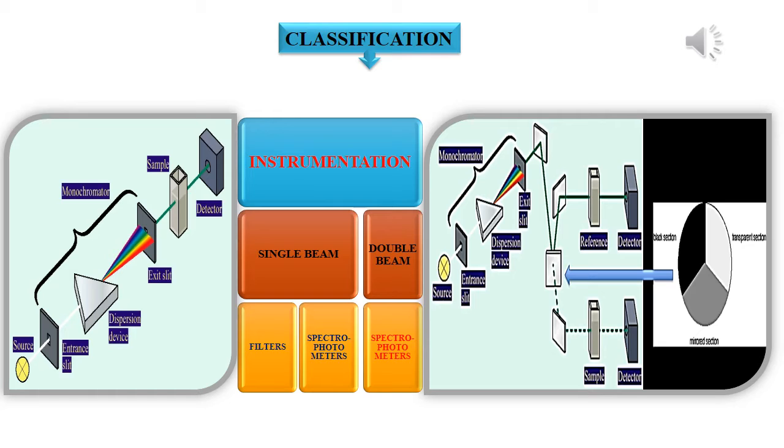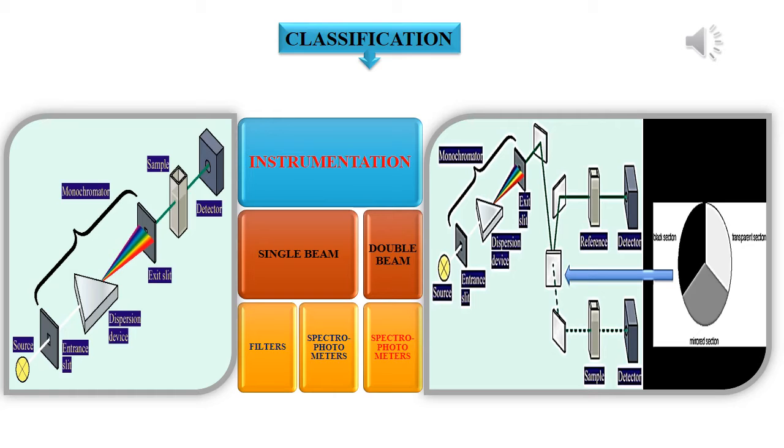So multiple samples at a time we can measure by using a double beam instrument. That is the difference between single beam and double beam. Single beam has a single intensity of radiation, whereas double beam has two equal intensities of radiation to analyze multiple samples, whereas in single beam we can analyze only a single sample.